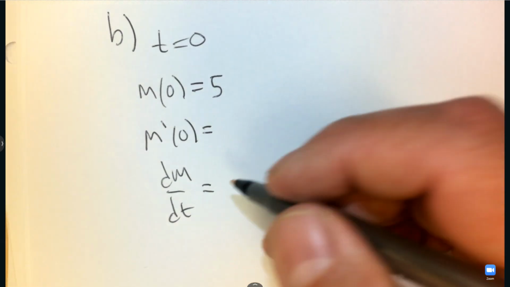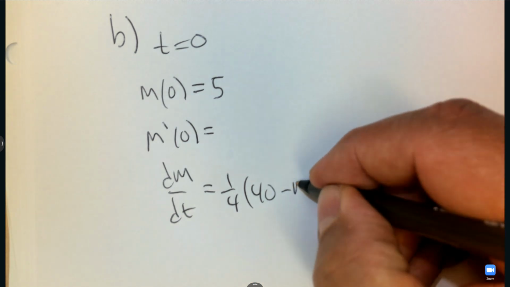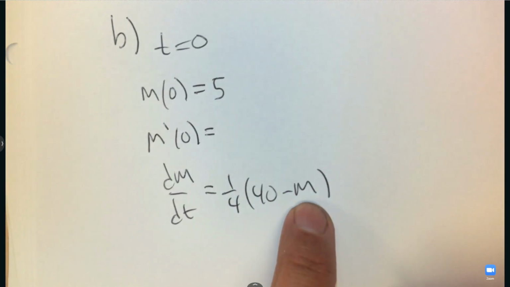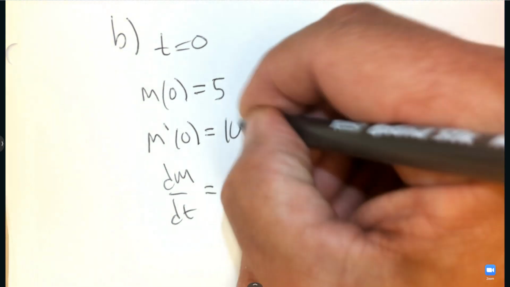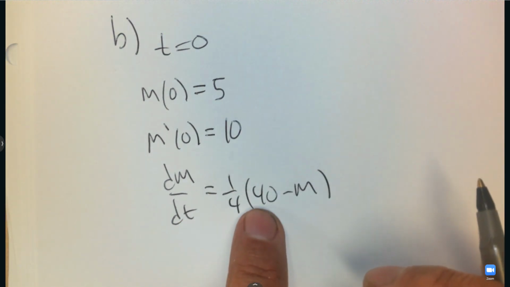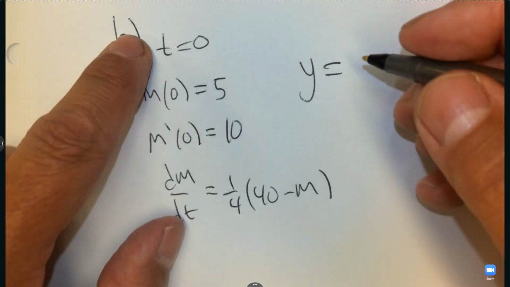What's the slope there? So there's the derivative: 1/4 (40 minus m). That's the derivative. Plug in 0 in here, and I get 10. Right, 1/4 times 40 is 10. And then what the equation would look like: if you use x, it's okay, but they use the letter t.